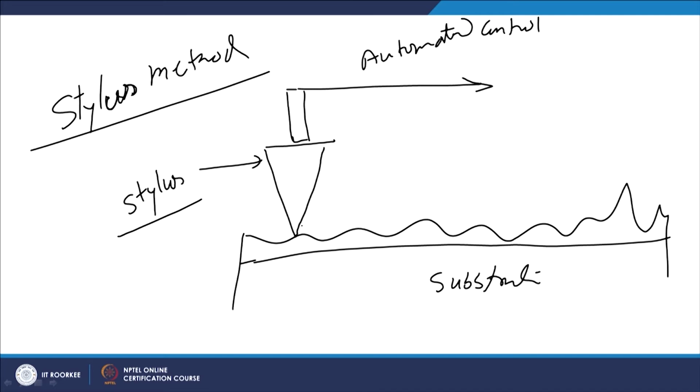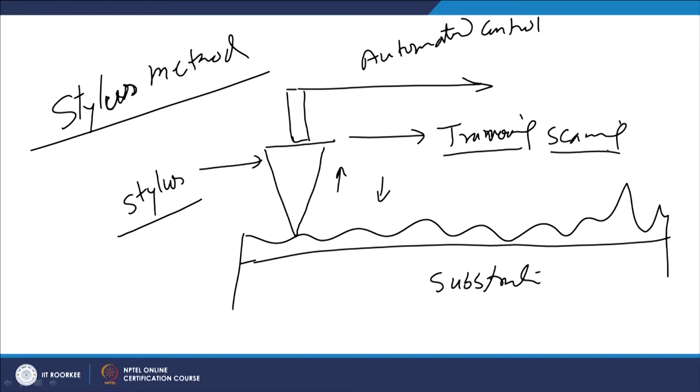As soon as the stylus scans the surface of the component, according to the height of the peaks and valleys, the stylus will also be moving up and down when it is traversing or scanning the surface of the component. So, this up and down movement while it is scanning the surface is used to quantify the roughness values.